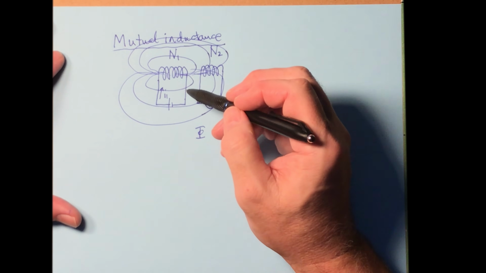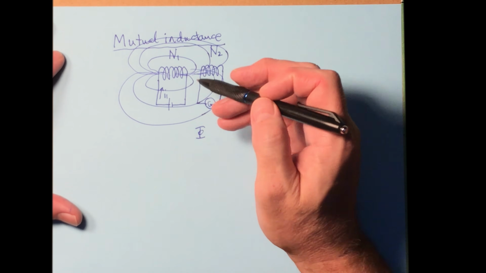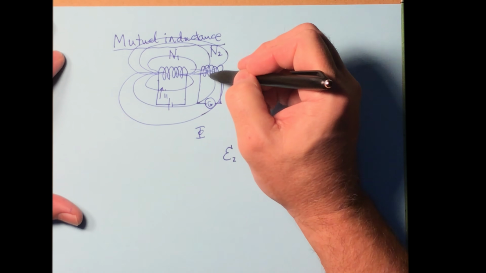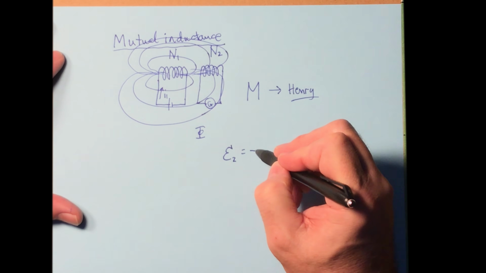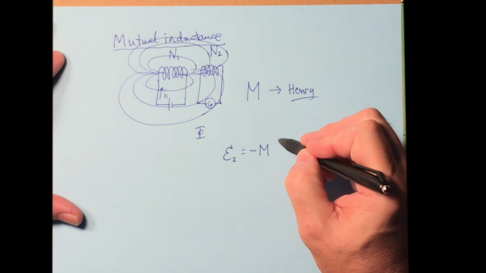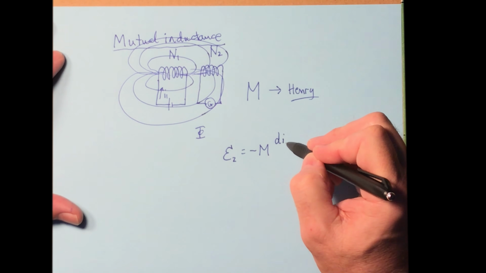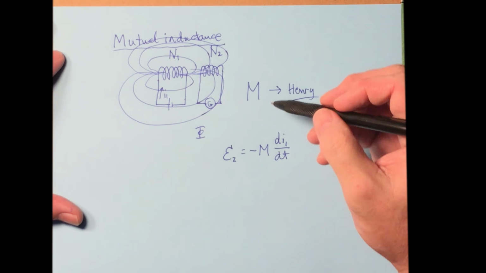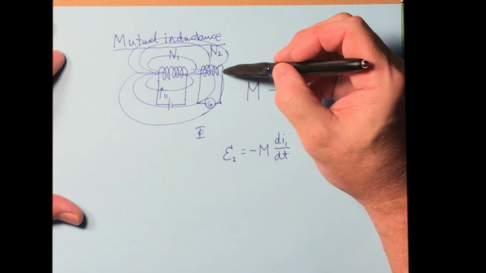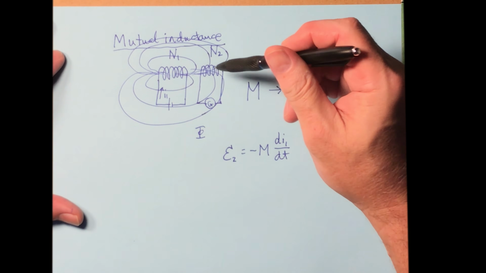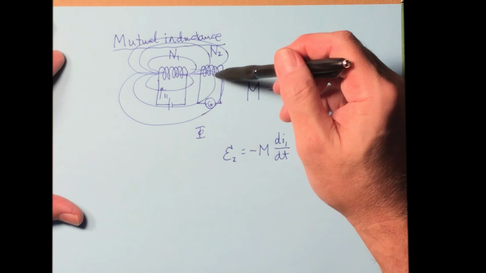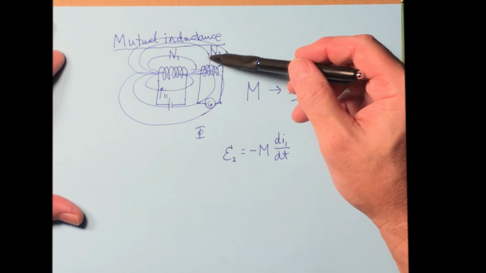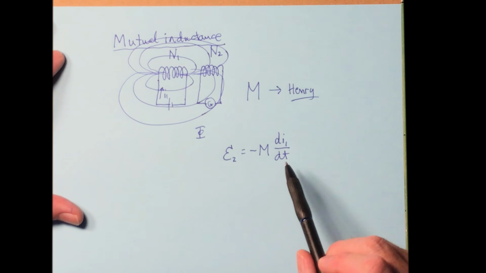And if you want to find out how these two things interact, there's going to be a potential on coil 2 that's equal to minus M times the derivative of the current for coil 1, dI1/dt. In other words, there's going to be an EMF set up over here in coil 2 due to the fact that there's a changing magnetic field in coil 1. But that changing magnetic field is due to the change in current, which is what this is.